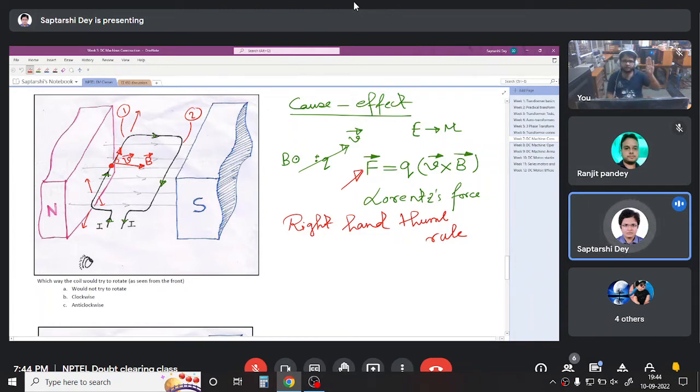Point these four fingers along the velocity vector, then curl them across the B vector. Then wherever your thumb points, that is the direction of the resultant force.